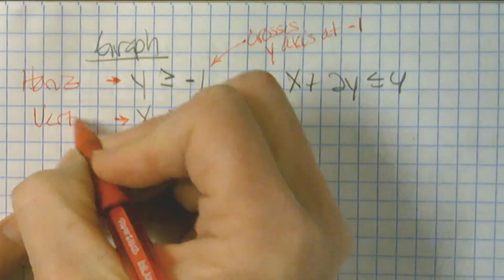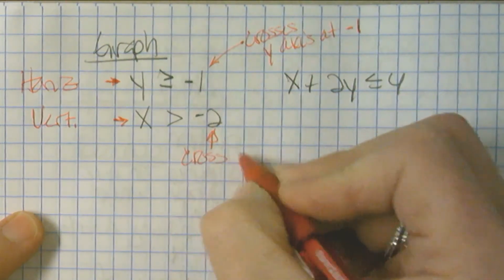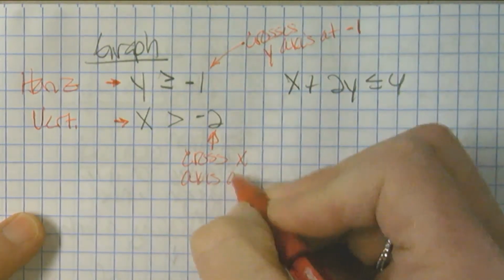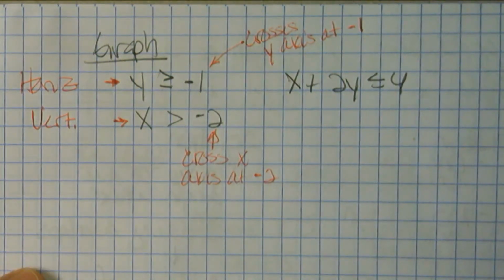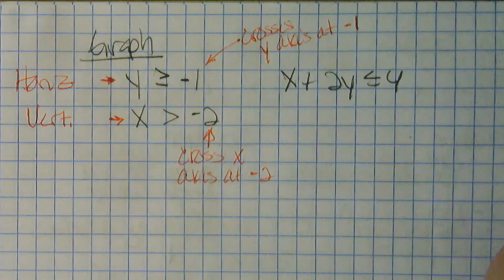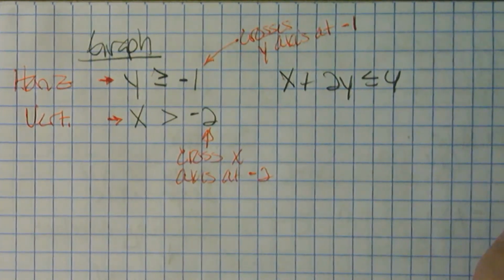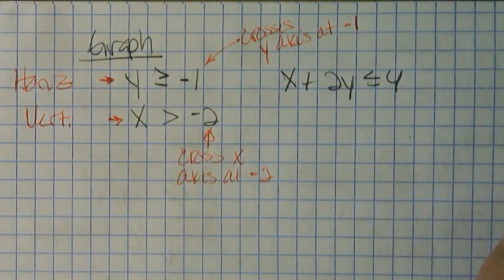That's a vertical line, and that's crossing the x-axis at -2. So x equals crosses the x-axis. Y equals crosses the y-axis. So for it to cross the y-axis, it has to be horizontal. For it to cross the x-axis, it has to be vertical.